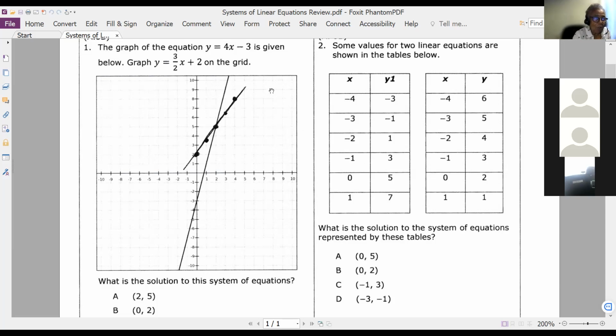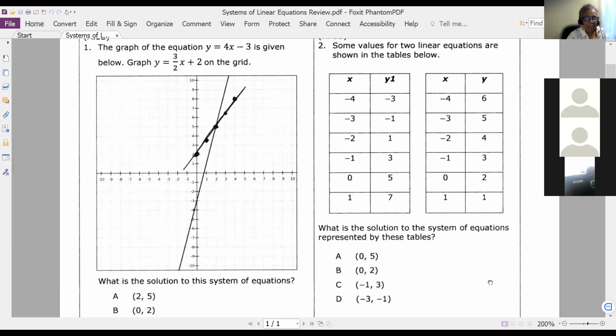When you have a graph, the point where the two lines intersect is the solution of the simultaneous equations. If you have two tables, the X and Y that are the same in both tables, that's the solution. So you look at your two tables and you find where your X and Y values are exactly the same, and there's only one place.